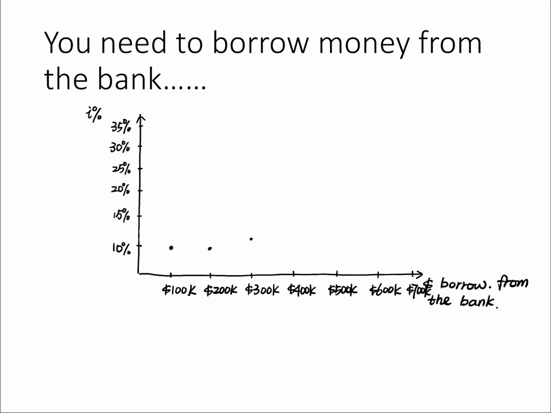Okay, and then so the bank said, if you borrow over 300K but lower than 400K, your interest rate could be something like 14%. Okay, and if you borrow over 400K but lower than 500K, then your interest rate could be 15%.